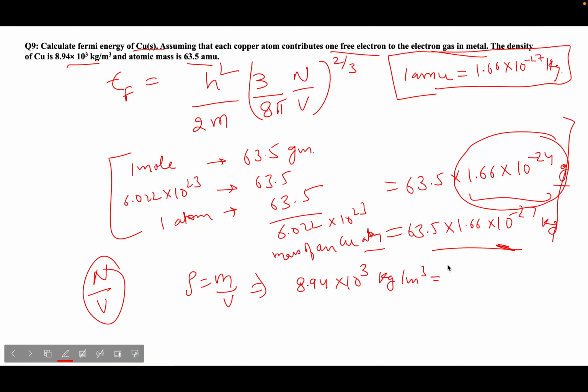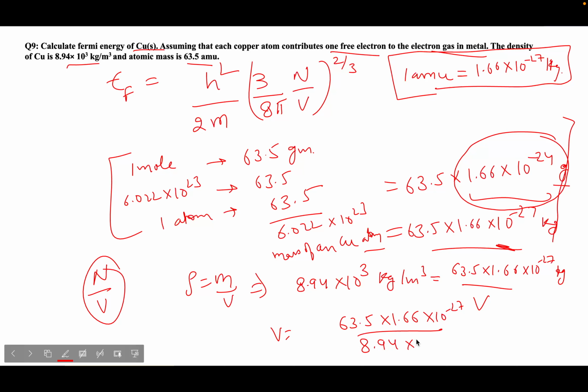That is equal to mass, 63.5 into 1.66 into 10 to the power minus 27 kg, and the volume is unknown. So we can calculate the volume from here. Volume is 63.5 into 1.66 into 10 to the power minus 27 divided by 8.49 into 10 to the power 3. This is for one particle actually.